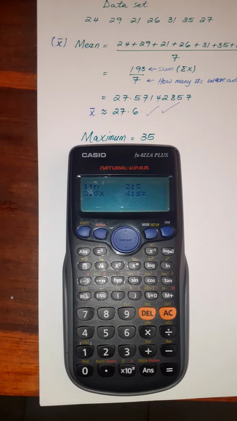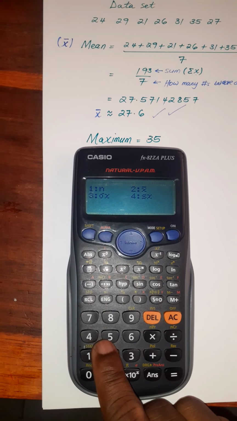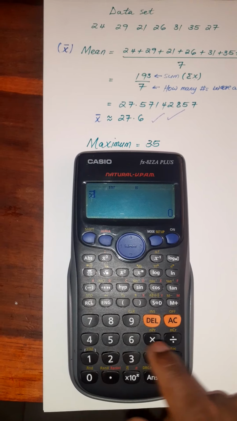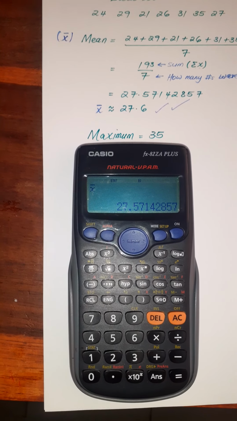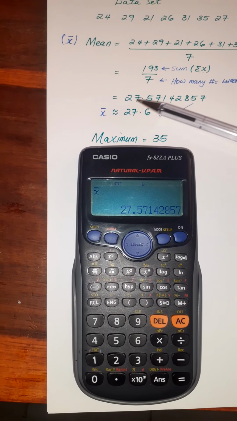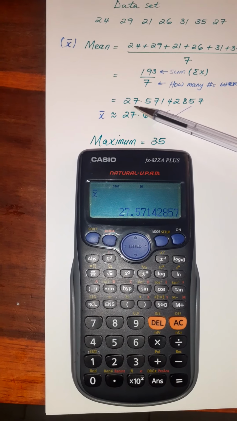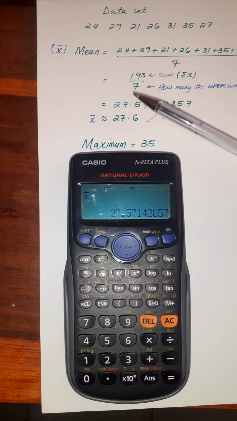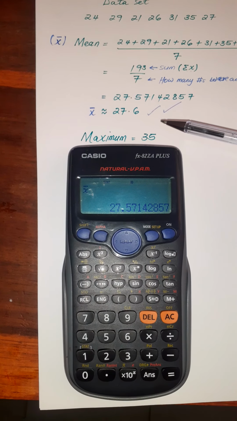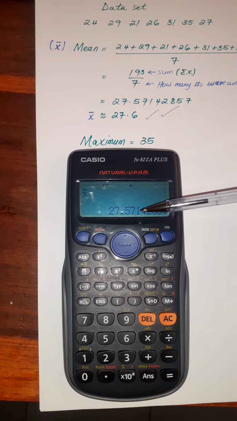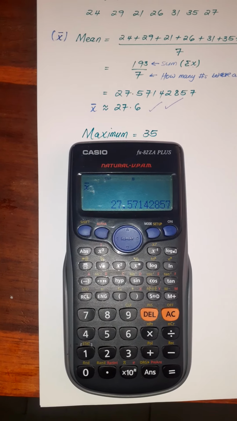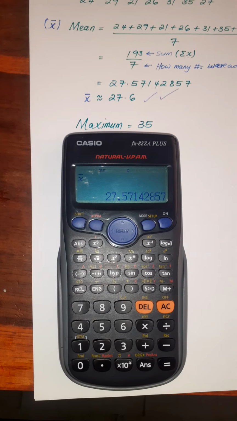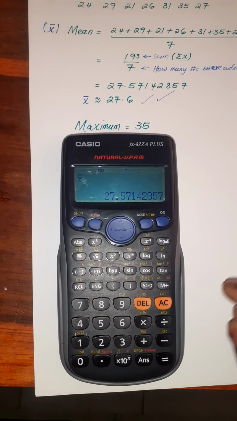You press option 2, and then equal. You should be able to see 27.57 and other numbers. Our calculator did not round the number, so we can round to 3 significant figures or to 1 decimal place. That is our mean.